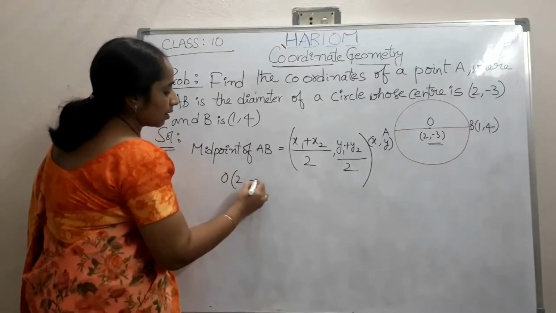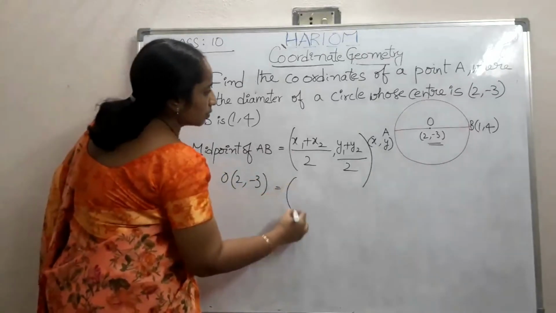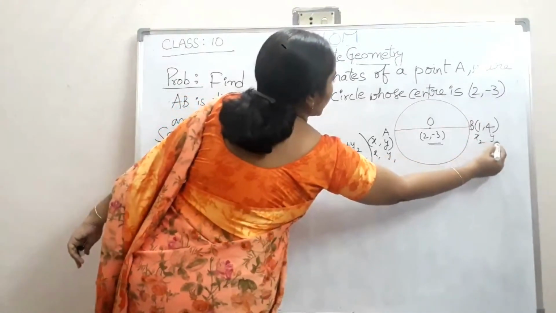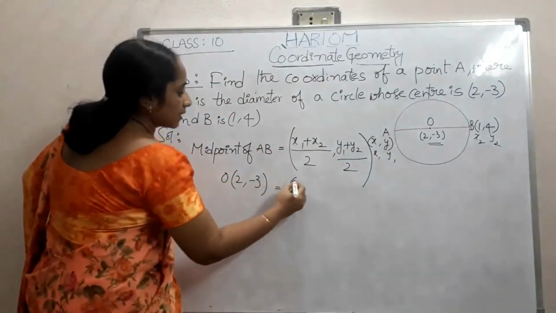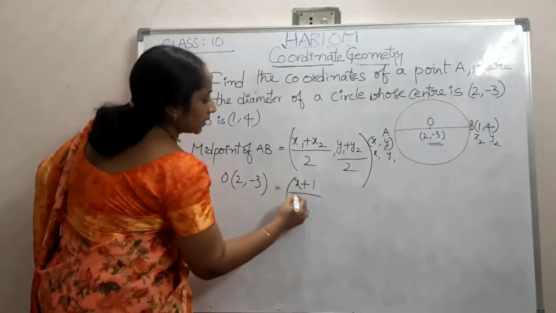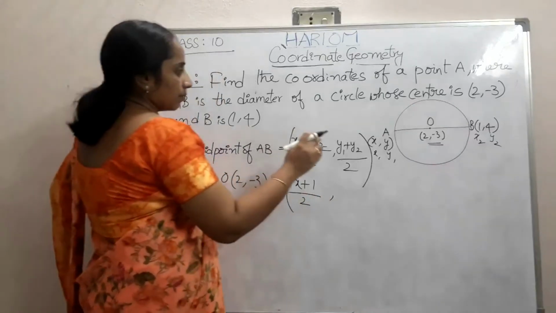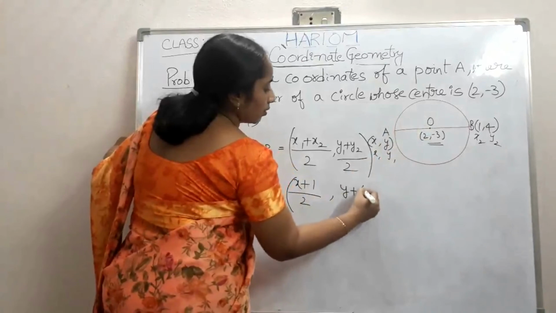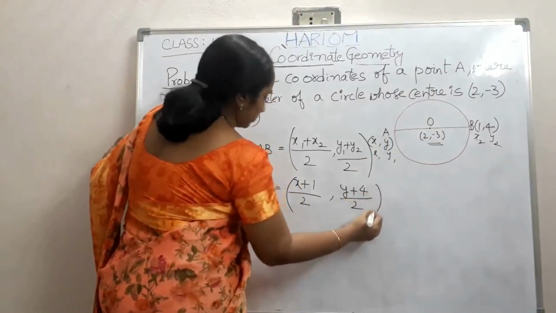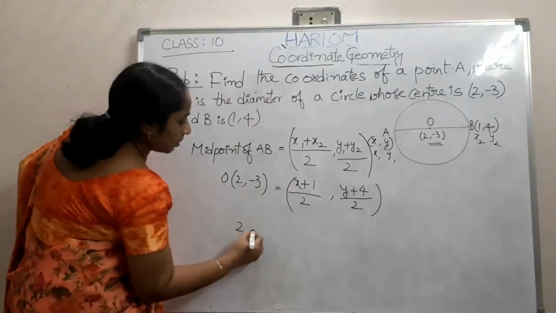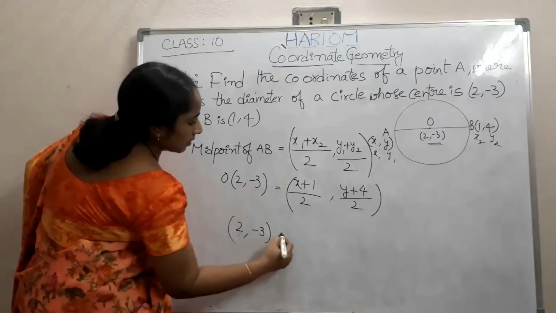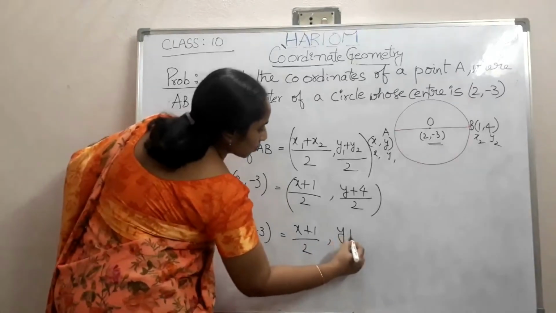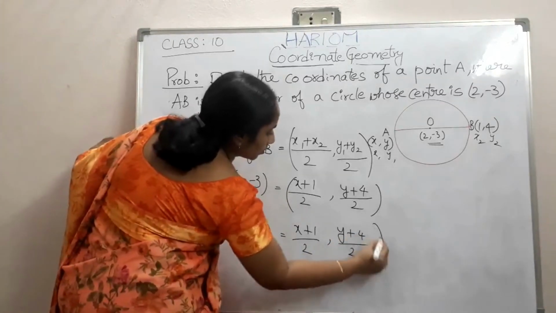2 comma minus 3 is equal to, assuming x1 y1 x2 y2, x plus 1 by 2 and y plus 4 by 2.